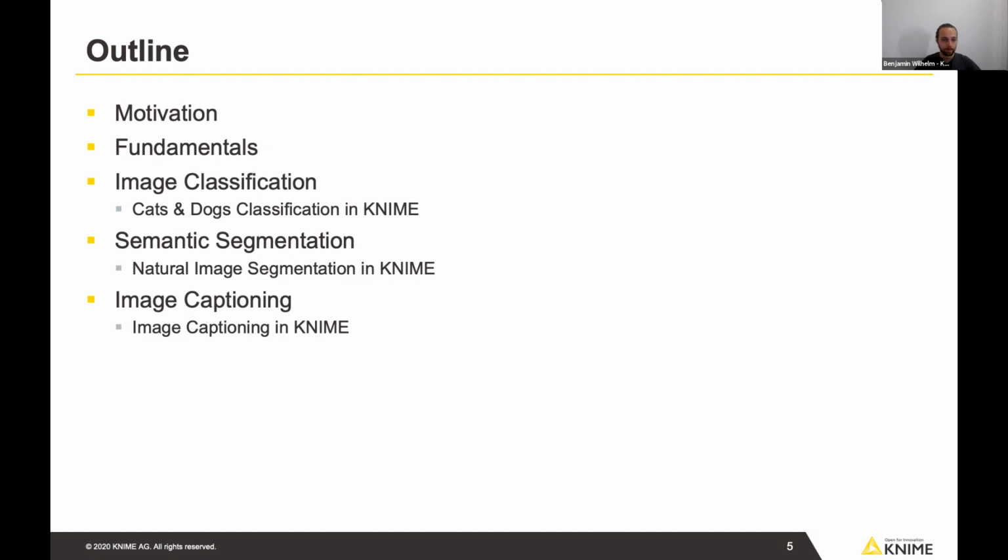Then David will show you how to do image classification with deep learning, and he will show you an example in Knime, which is about classifying cats and dogs. Then I will show you semantic segmentation and an example in Knime of natural image segmentation. And our last part will be the most complex example. It will be about image captioning, and David Kolb will show you how this works and how he did it in Knime.